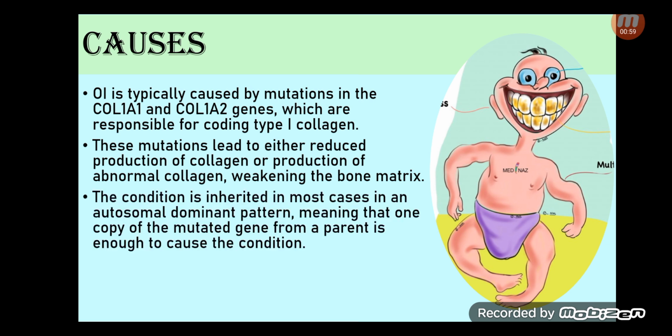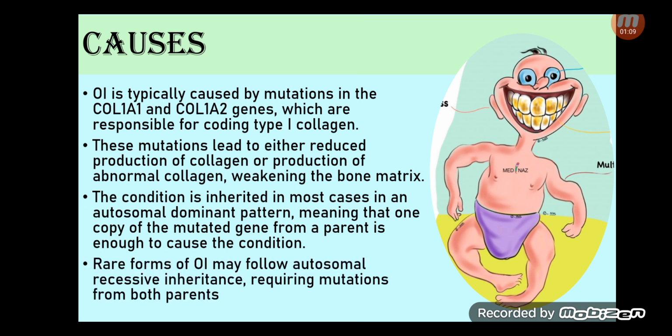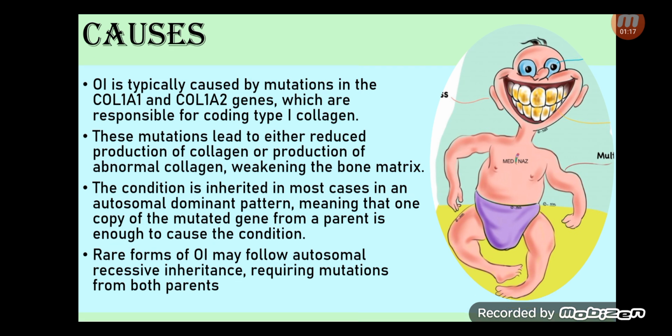This condition is inherited in most cases in an autosomal dominant pattern, meaning that one copy of the mutated gene from one parent is enough to cause the condition. Rare forms of osteogenesis imperfecta may follow autosomal recessive inheritance, requiring mutation from both parents.